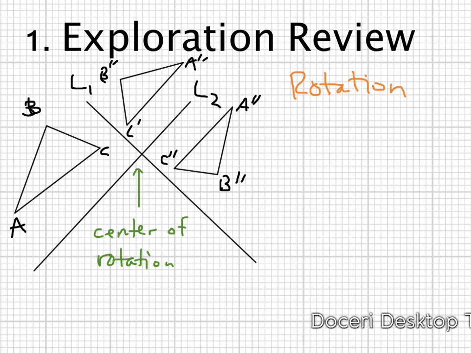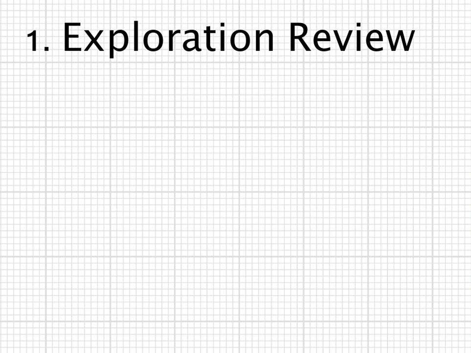One other piece of information is when I rotate at a positive angle measure, that's actually going to be counterclockwise. If I rotate at a negative angle measure, that's clockwise. It's counterintuitive, but part of the reason we do this is explained more in trigonometry. So those of you who are planning on going further in your math education will see this again later on. So that's pretty much what we did as our exploration.